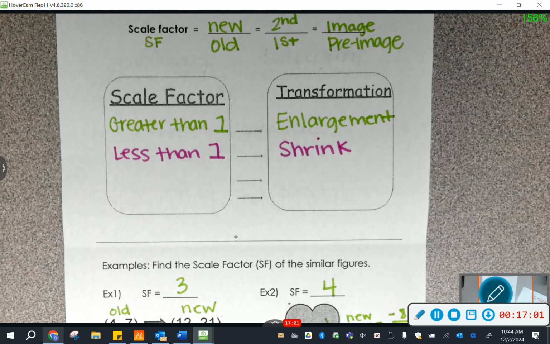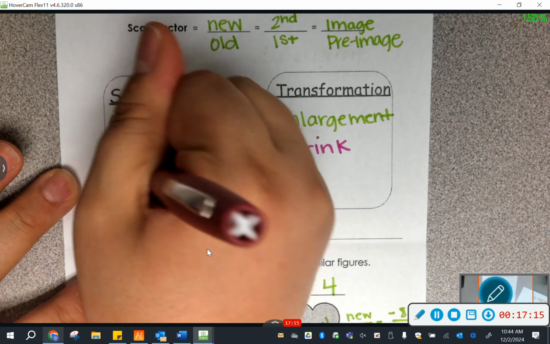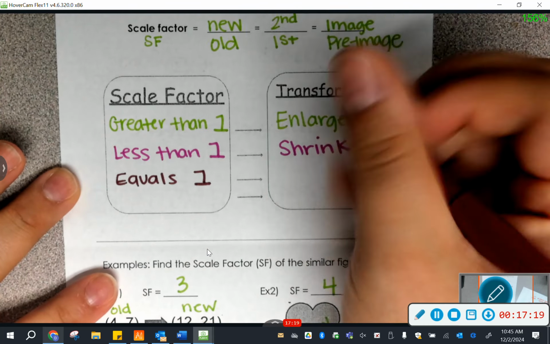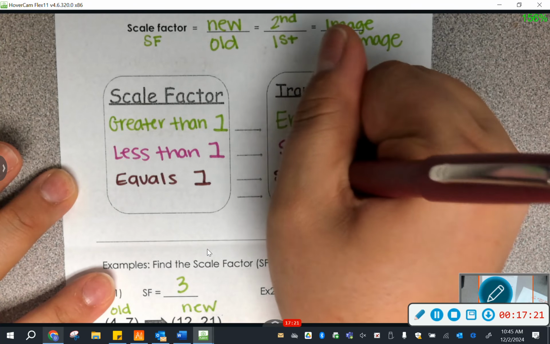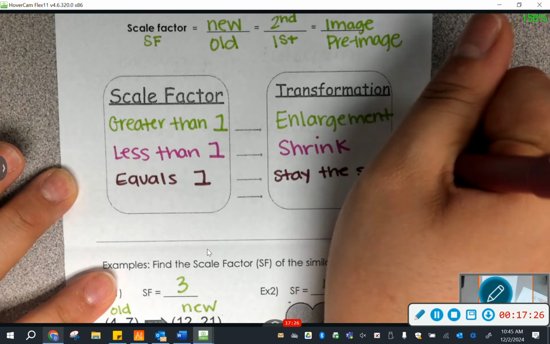I'm cool with the word shrink or reduces or something like that. What's going to happen if your scale factor equals 1? It stays the same, which means they would be congruent.